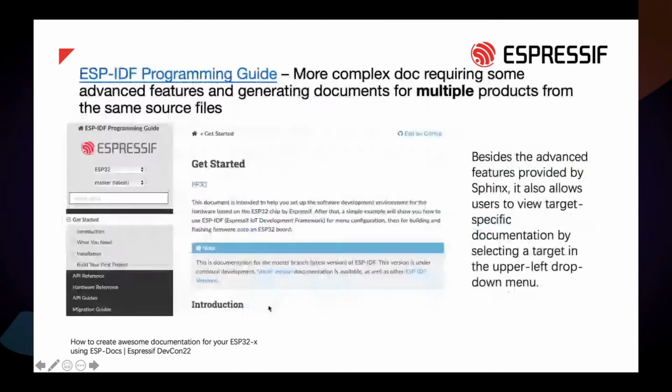Let's have a look at the IDF programming guide. Besides the advanced features provided by Sphinx, it also allows users to view target-specific documentation by selecting a target in the upper left drop-down menu here. This presentation focuses on the doc generator of this type of document, ESP Docs.